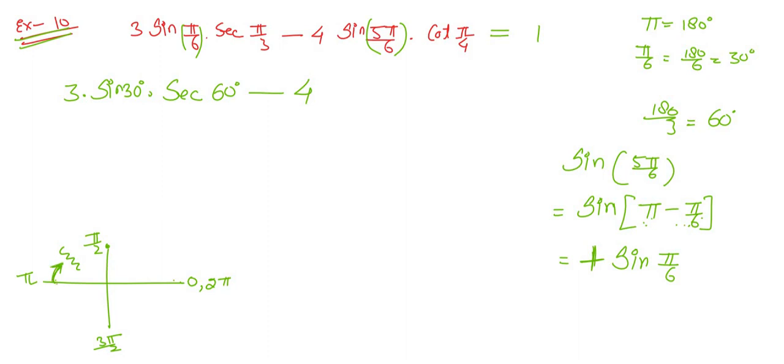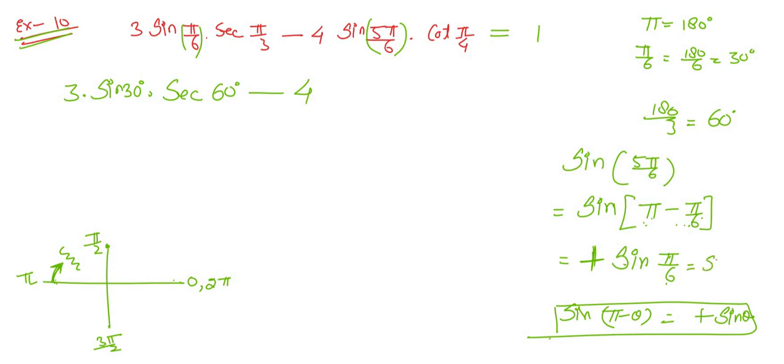So this formula is sin of pi minus theta is plus sin theta. That's how we write. Okay. So it will be sin pi by 6, which is sin 30 degrees, because pi by 6 is 30. So let me write down sin 30 degrees.